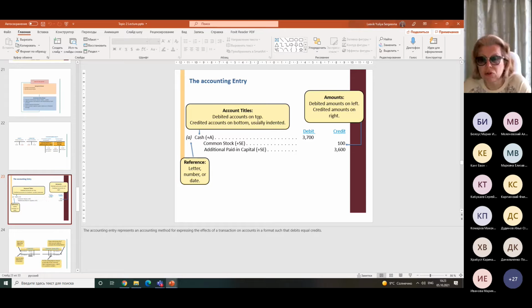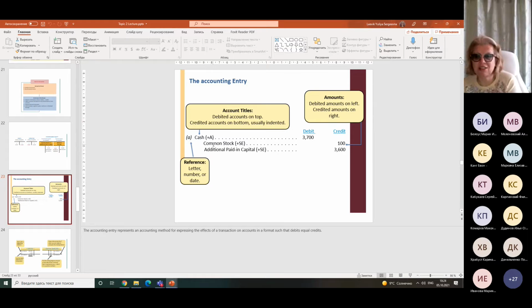So debit accounts on top, please remember debited accounts on top, credited accounts on bottom. So this is what we should remember about the position of all accounts. And finally, it's of course, amounts, debited amounts on the left and credited amounts on the right.